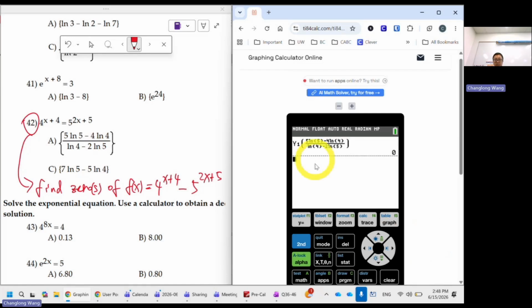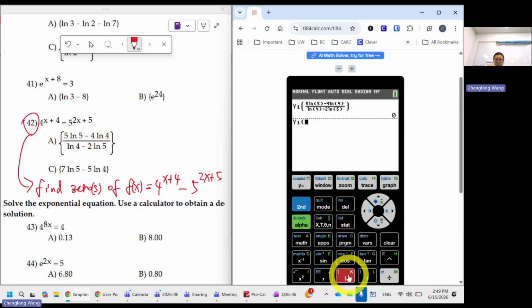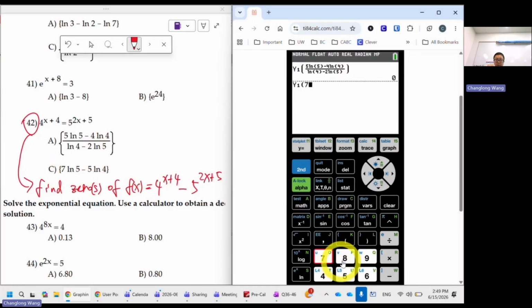So now if you want to try to do it again, maybe somehow you're not that lucky, right? It's not going to work out. So let's say try letter C. Typing y1, right? So it's going to put in 7 ln 5 minus 5 ln 4.